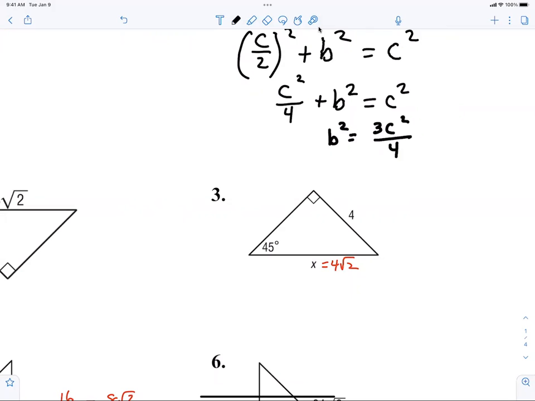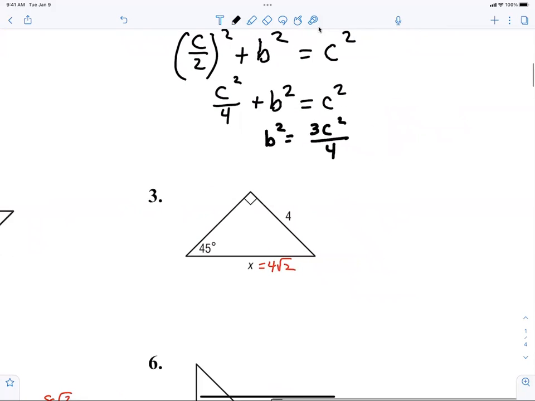How did I get to that step? What you're telling me is you don't know what C squared minus 1/4 C squared is. What's 1 minus 1/4? That's how I got the 3/4 C squared. That makes sense now. Everybody agree with that?